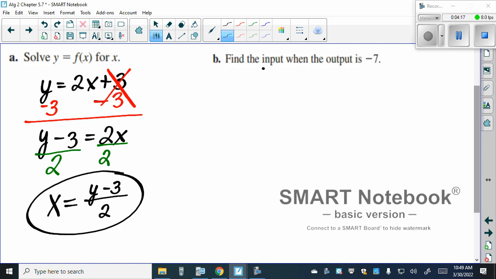The other half is to find the input when the output is -7. Well, with any function, the input is the values of x, the output is the values of y. So here, we're wanting to know what the value of x is when the value of y is -7.